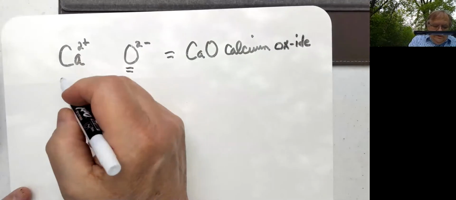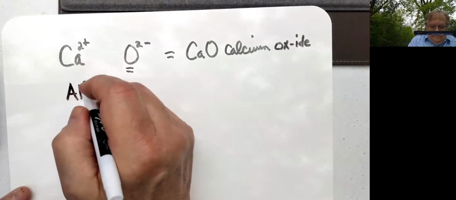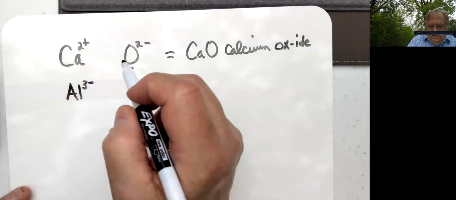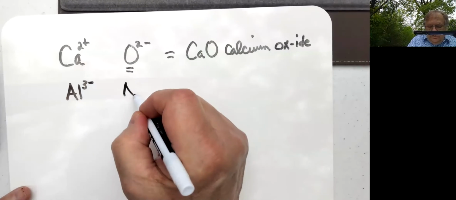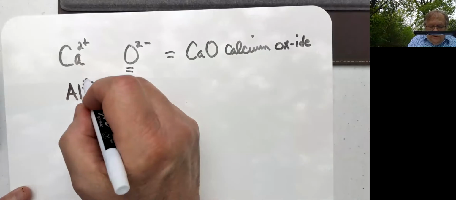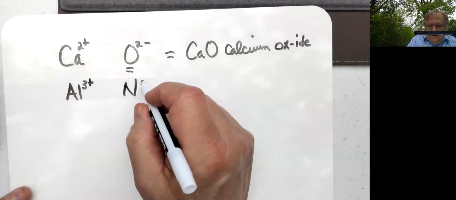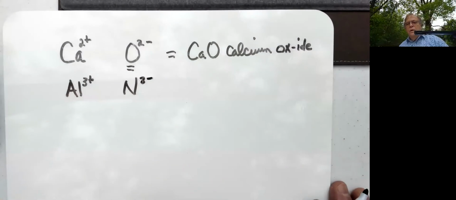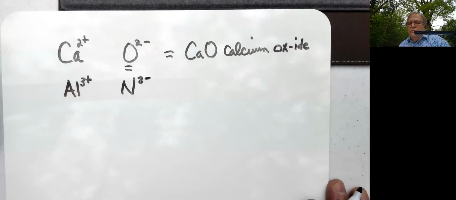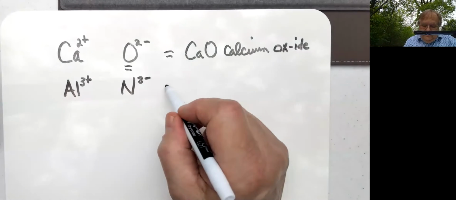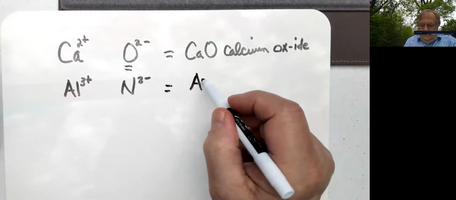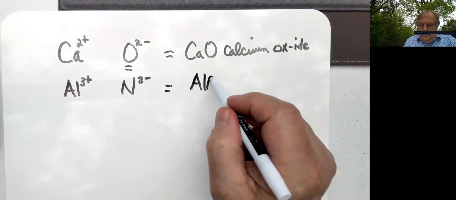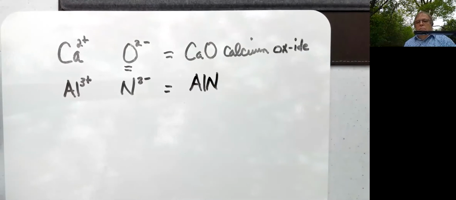So here is aluminum, nitrogen, sorry, aluminum's +3, and nitrogen is -3. And numerically and electrically, we can see that these things balance to 0. Can you figure out what the name of this thing would be?